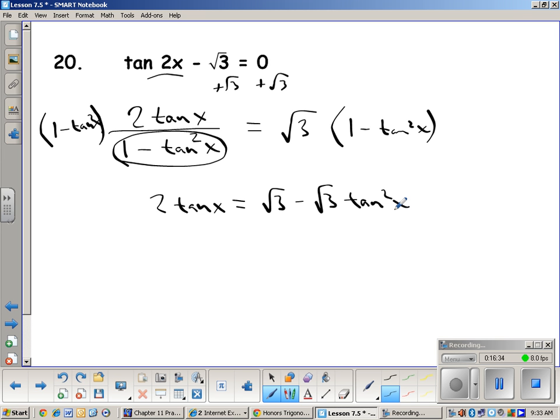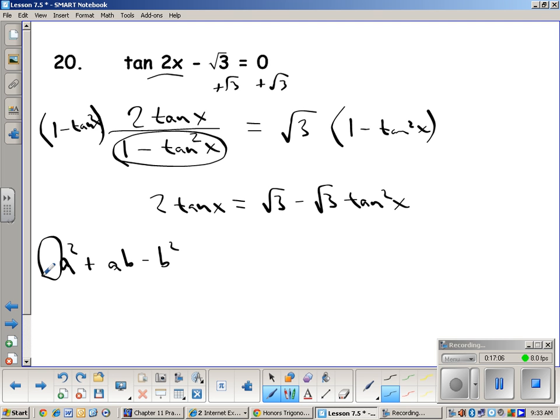Now, there's a couple ways we can look at this. If I'm factoring something like this, let's just say I'm just factoring something like this, okay? I don't want this coefficient to be negative.